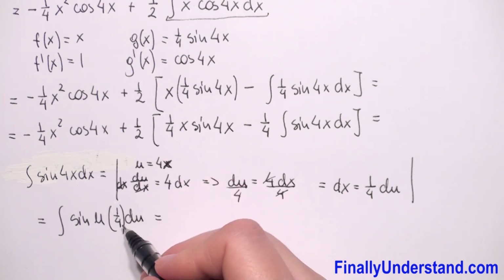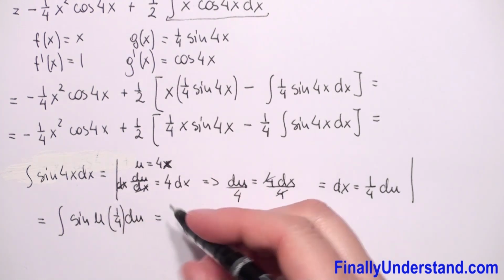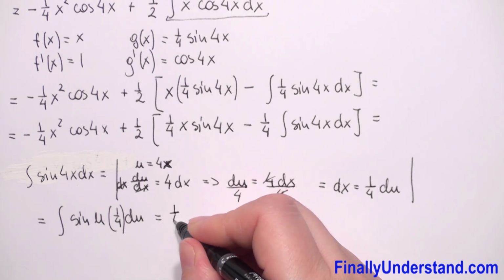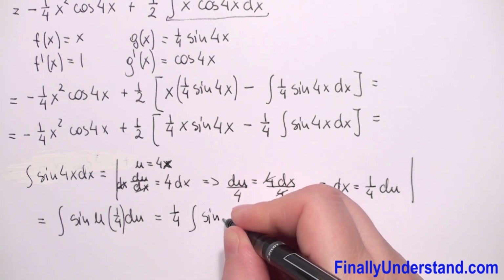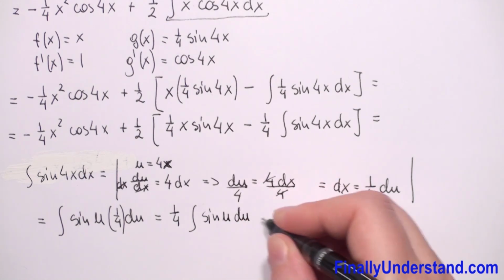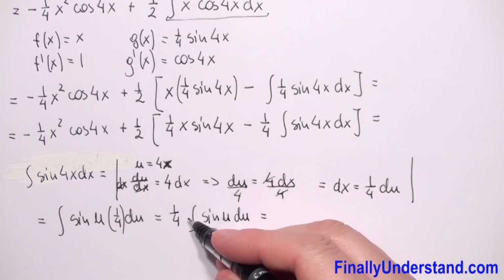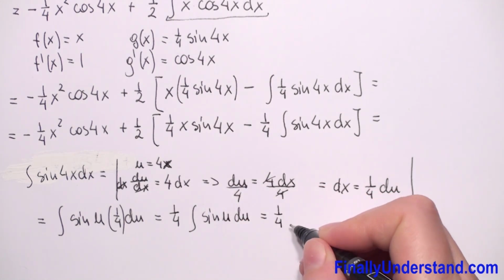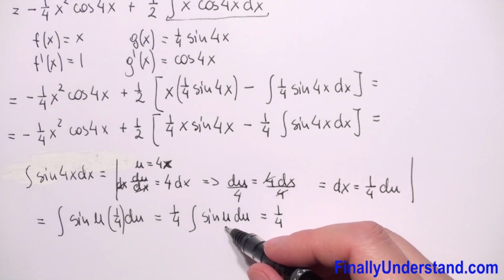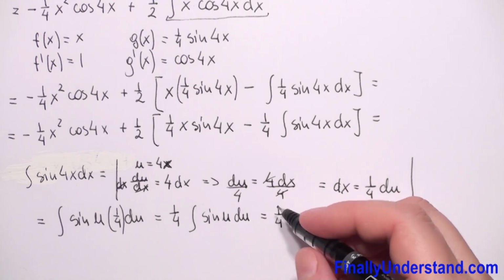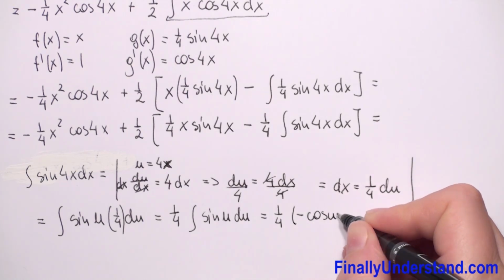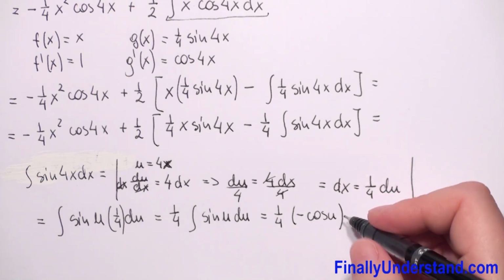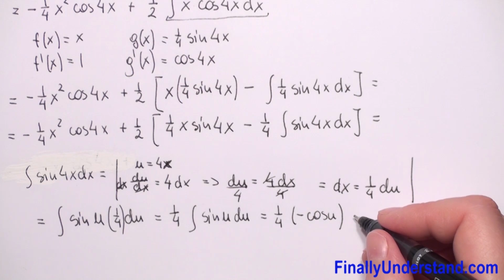So this is equal. Constant I can take before integral. So we have 1 over 4 integral of sine of u with respect to u. This is equal. 1 over 4 we have to copy, and integral of sine is negative cosine. Of course, we have to add constant.